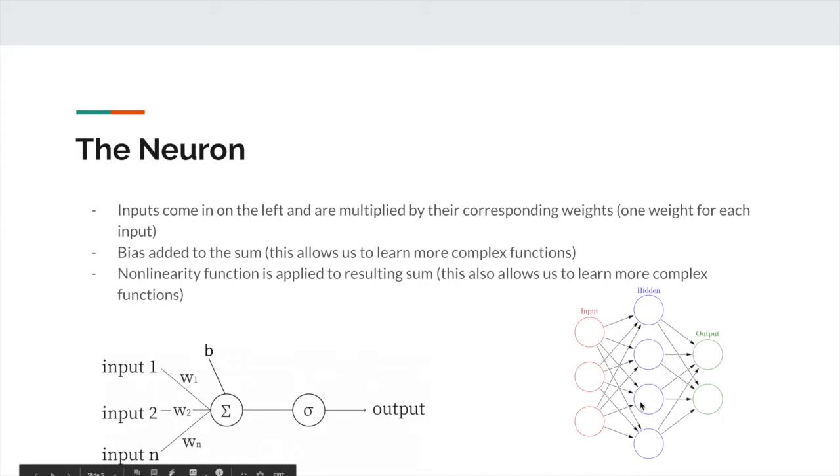Here, there's only one hidden layer and one output layer, but you could extend this to have multiple layers, and then finally result in an output layer. We provide some input to our neural network, and as we push the input through our network, we eventually arrive at some output.